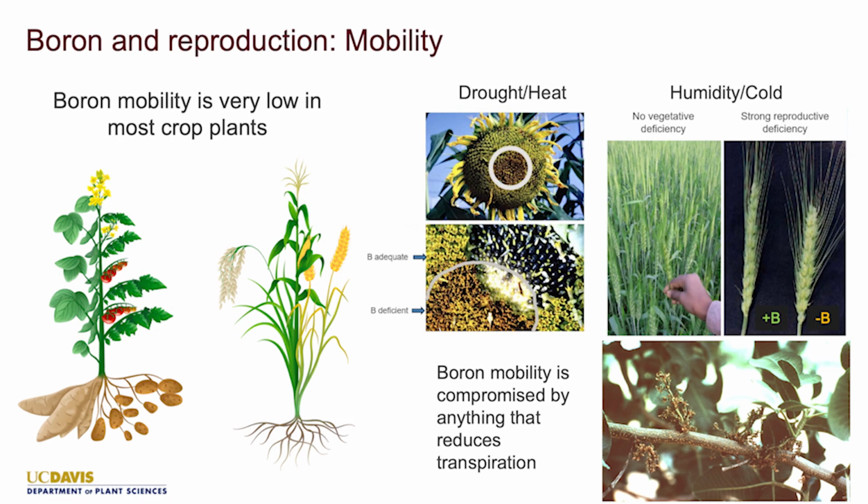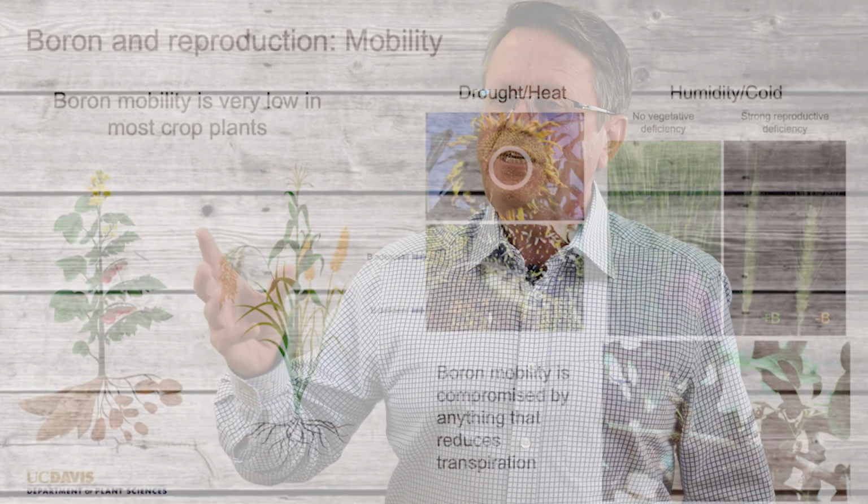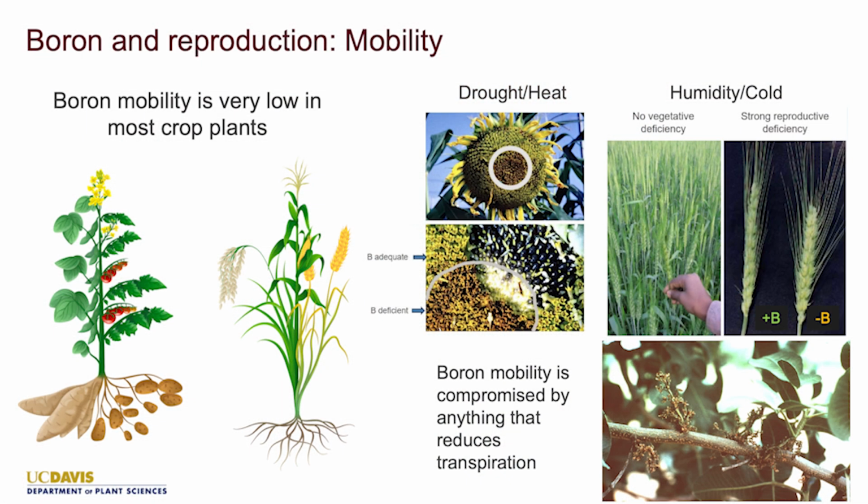This means constant supply of boron from the soil becomes supercritical. The other aspect of boron mobility that helps explain why we see deficiencies with particular environmental conditions, in this example drought or heat, humidity or cold, is because both of those factors limit plant uptake of boron from the soil, and since plants can't remobilize what they've previously acquired, this can cause the deficiencies that we see.